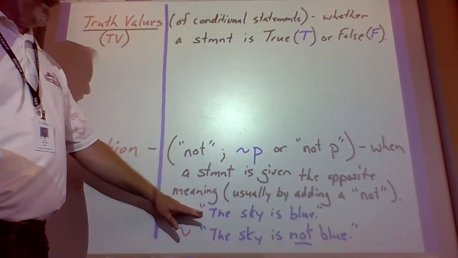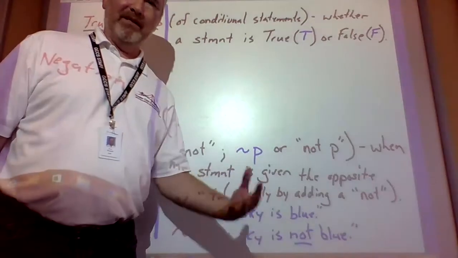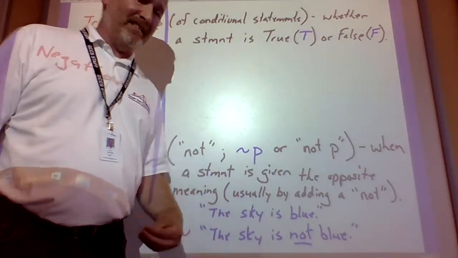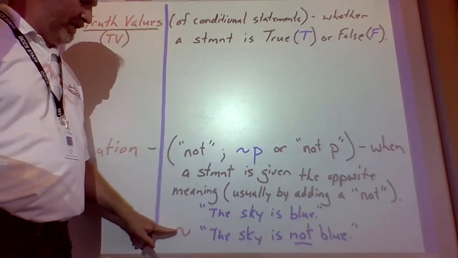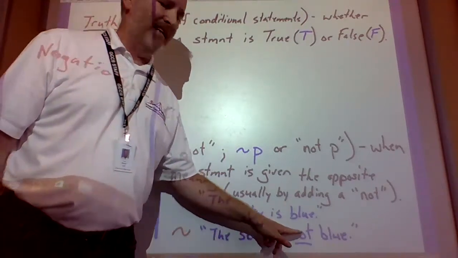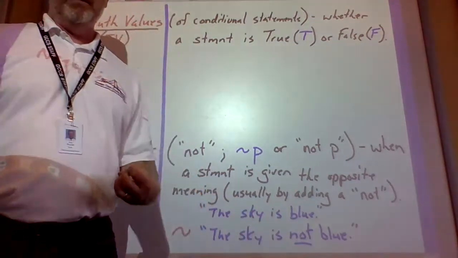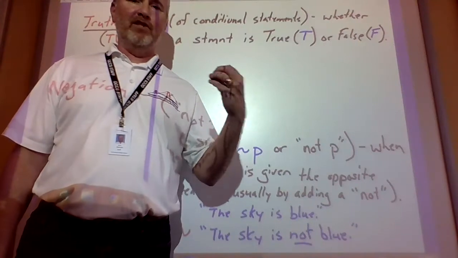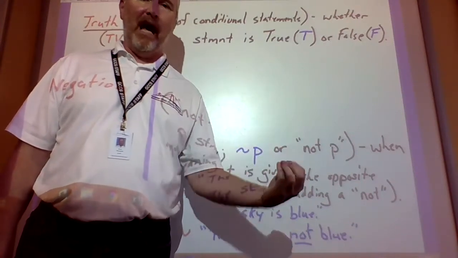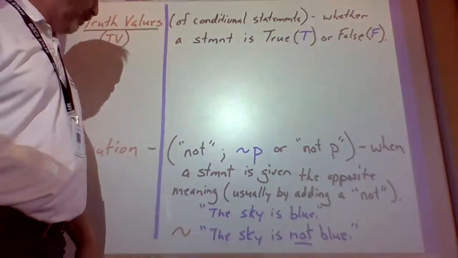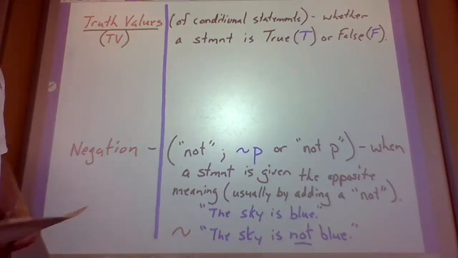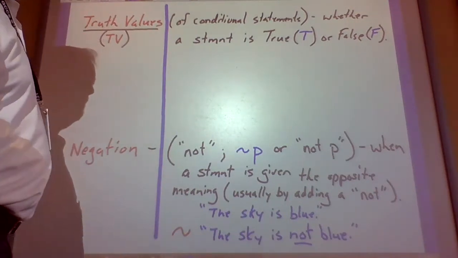Like, I could say, the sky is blue. That would be a statement. The negation of that statement would be, the sky is not blue. So whenever you put a negation, it literally changes the meaning to the opposite. All right? That's important to know. A negation makes the statement have the opposite meaning.